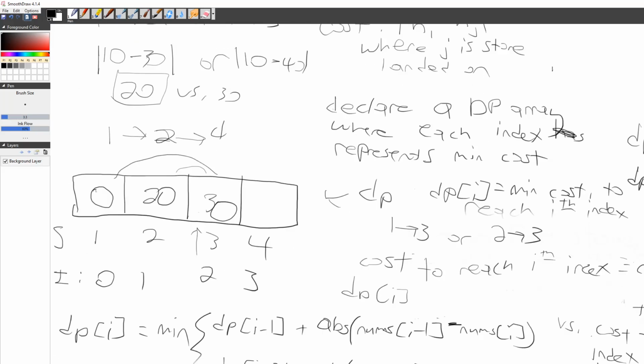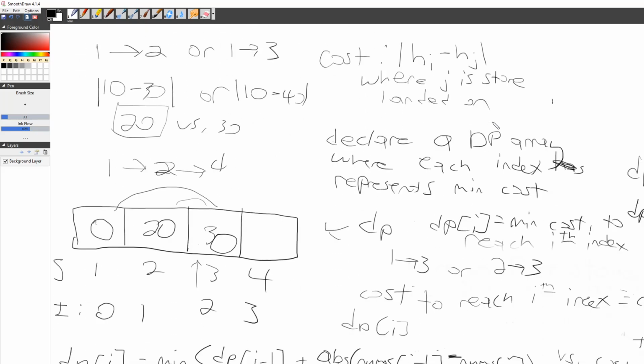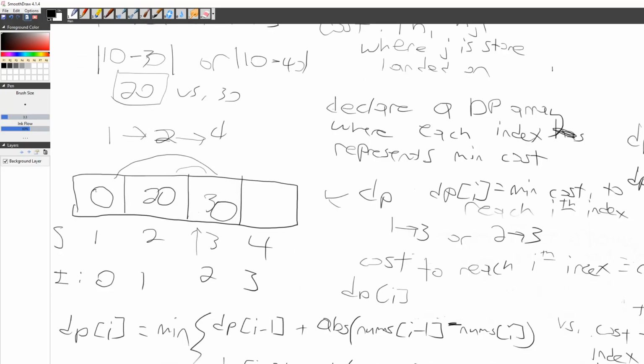And num sub 3 is 20. So 20 plus the absolute value of 30 minus 20 equals 30. So really this reduces down to min of 40 and 30, which is 30.